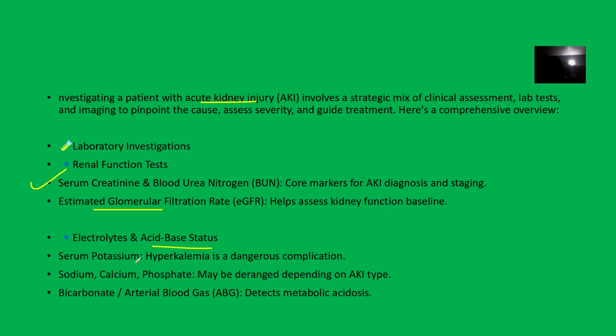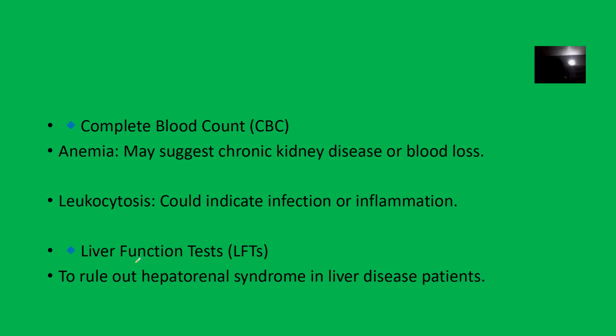You are trying to look at all of this and see their levels in the body. Of course, their levels should give you an idea of how much of the function of the kidneys is still being retained.